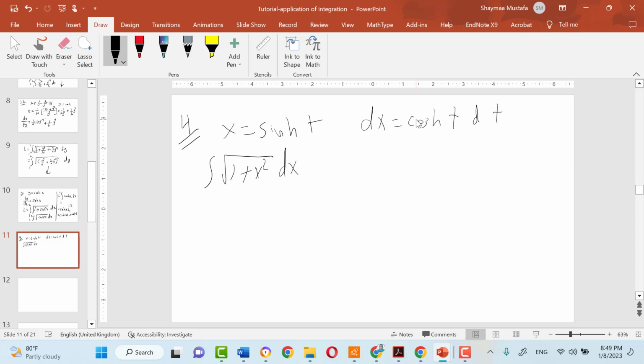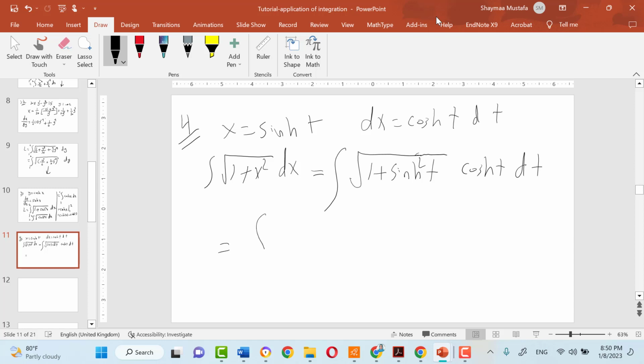Okay, so now cos t dt, now the integration of the square root of 1 plus x squared dx will be equal to the square root of 1 plus sine squared t. Now dx will be replaced by cos t dt.